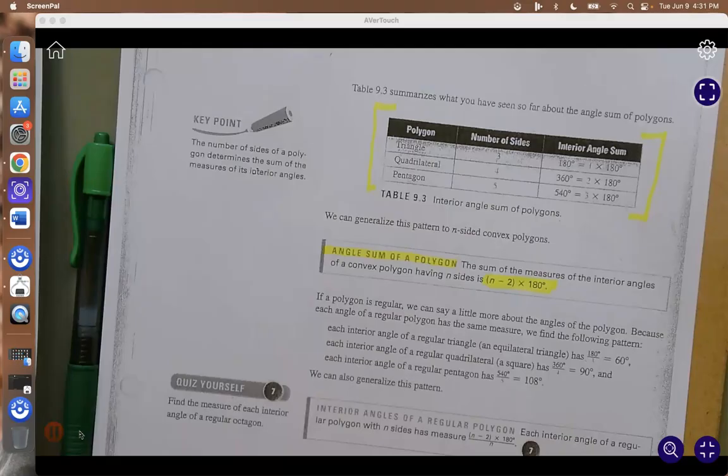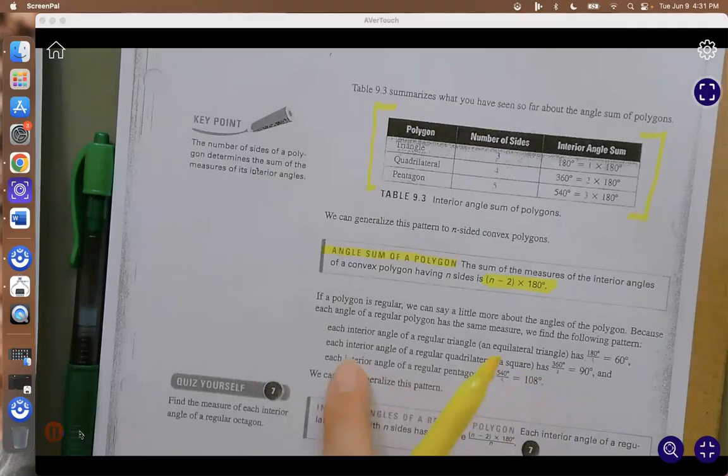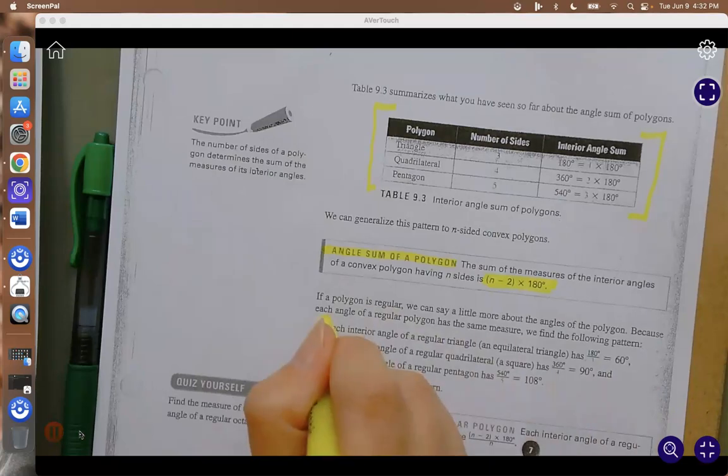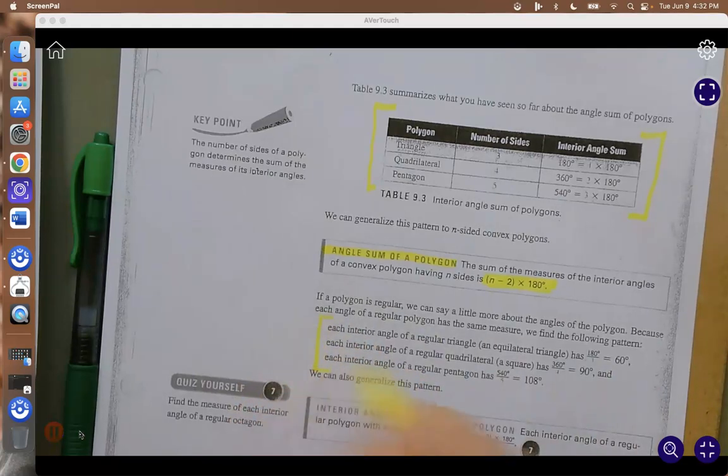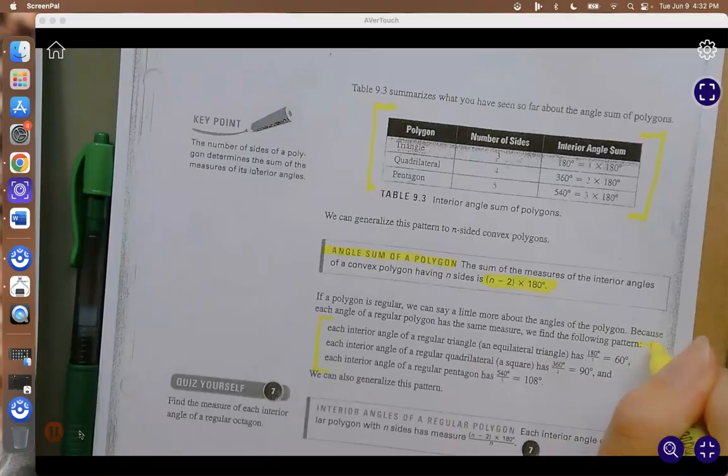Each interior angle of a regular triangle, you take 3, divide it into 180, that's 60. Each interior angle of a quadrilateral, there's 4 sides. Into that 360, it's 90. And a pentagon has 540, so you divide 5 into that. So if it's regular, each angle is 108.